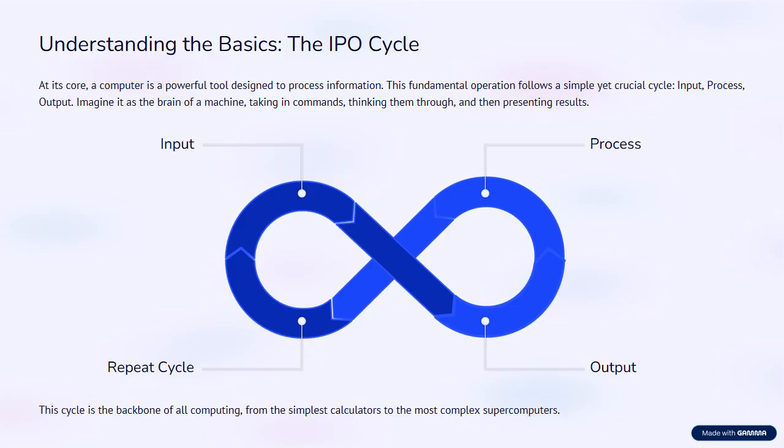Finally, the result is shown through output devices. This cycle happens continuously while the computer is running. Every task we perform on a computer follows the same working cycle. Whether we type a document, watch a video, or calculate numbers, the IPO cycle is always involved.